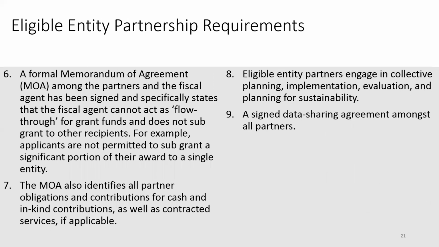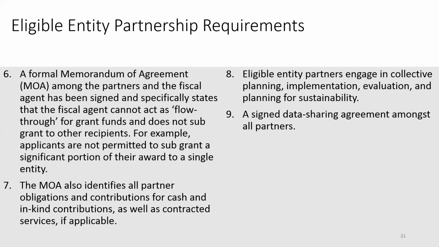A formal memorandum of agreement, or an MOA, is also a requirement to apply and will get you past the screening. If there's no MOA, then you won't get past the screening. And the MOA is among the partners and the fiscal agent. The fiscal agent, for purposes of this grant, is the person who is applying for the grant in iGrants.